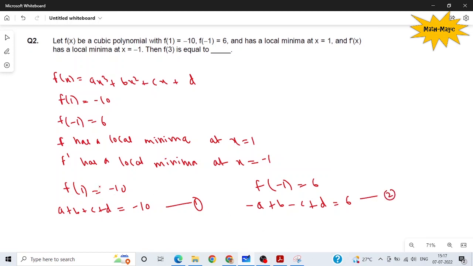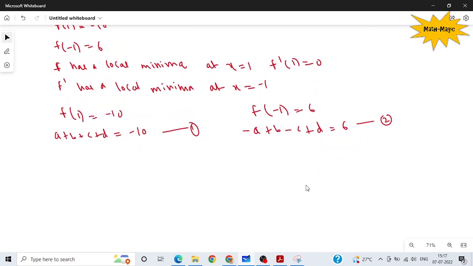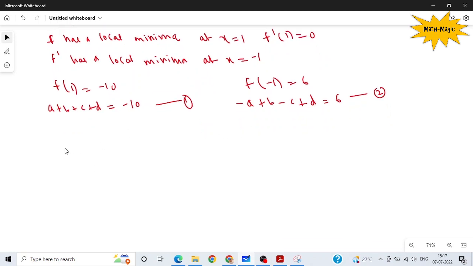Now it is given that f has a local minima at x equals 1. It says that f dash of 1 will be 0. So now let's calculate the derivative of f and substitute 1 in that, and the answer is 0. So what is f dash of x?